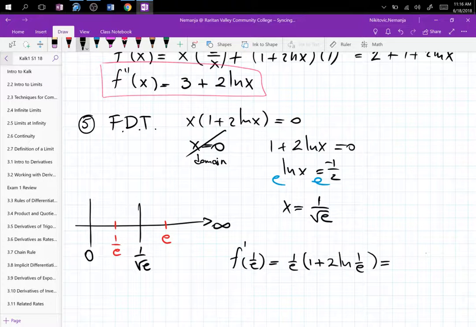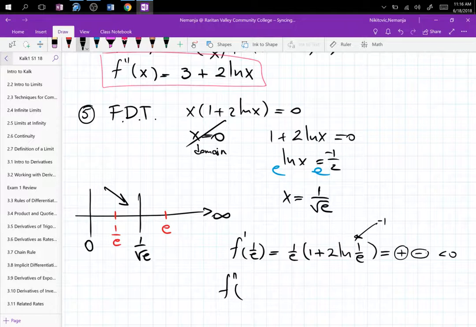Well, that will be ln of e to the minus 1, and ln of e is 1, so the whole thing is positive times a negative. Again, this term over here is a negative term, so it makes a negative 2. Maybe I should write, that's a negative 1 right there. So the whole parenthesis is negative 1, and then positive times negative is less than 0, so it's a decrease over here.